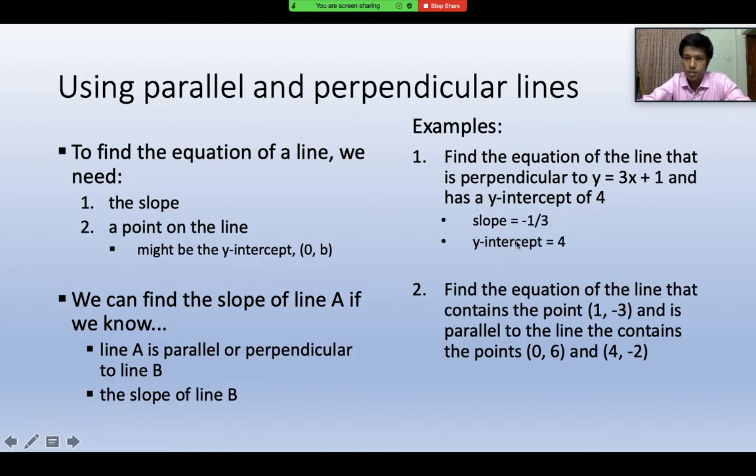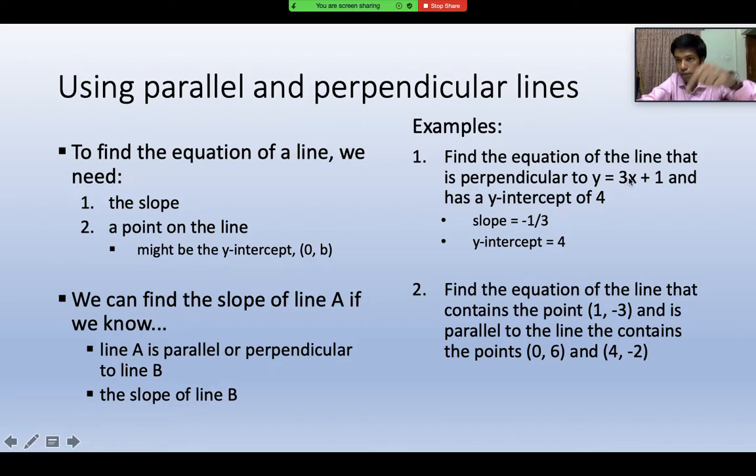This is an example. Slope is given. Why is it -1/3? The reason is that it is perpendicular. If it is perpendicular and one slope is 3, the other slope will be the negative reciprocal. That means minus, and then this 3 will go down, because this 3 is now up here.